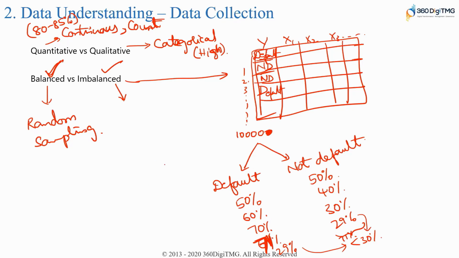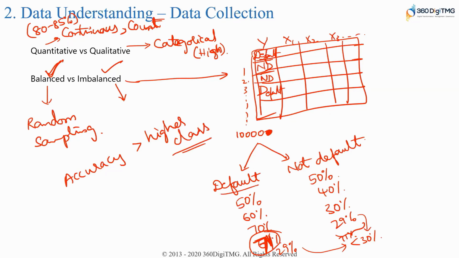Don't feel that this guy is trying to show off, but we will show those in the subsequent slides. Another thing that you need to remember is that whenever you have an imbalanced data set, the accuracy of your model should be greater than the higher class.